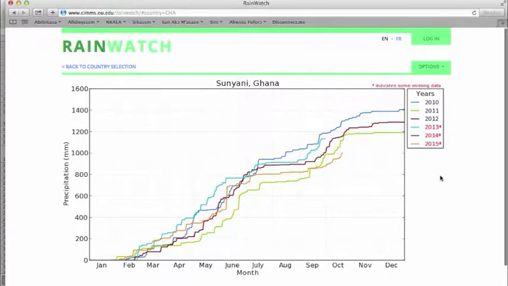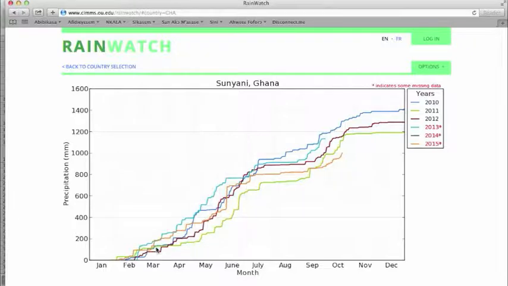And so here we are, we have the rainfall trends there. And so you can see clearly the 2 rainy seasons by the large jumps in the precipitation. So again, this is total annual precipitation. That's why it's highest at the end of the year. So we basically have little to no precipitation in the beginning of the year because we're still in the dry season, we're in the Harmattan.